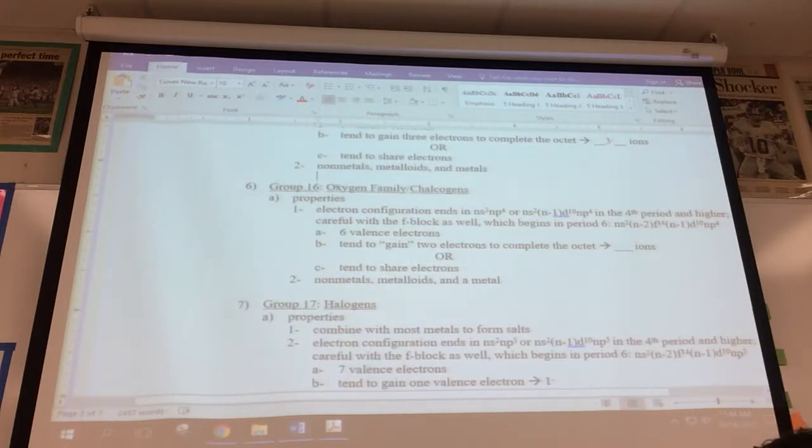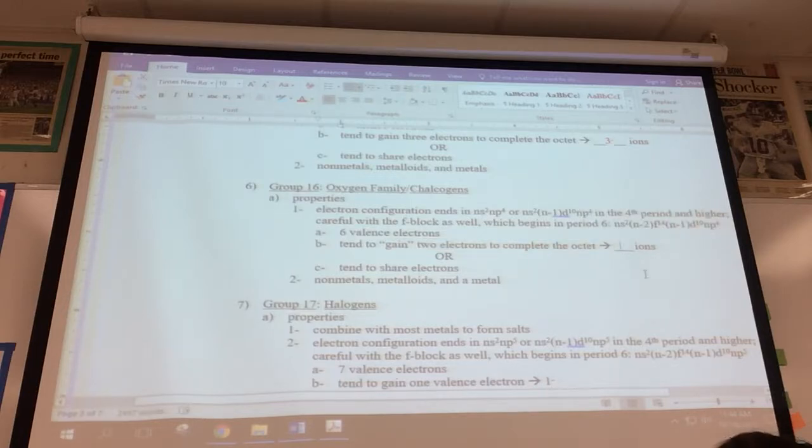Group 16 is your oxygen or chalcogen family. Their electron config ends NS2-NP4. Be careful with going through the D and F block. As we said earlier, the double-digit group numbers for the P block, the back number is the number of valence electrons. Group 16 tends to gain 2 electrons to complete the octet.